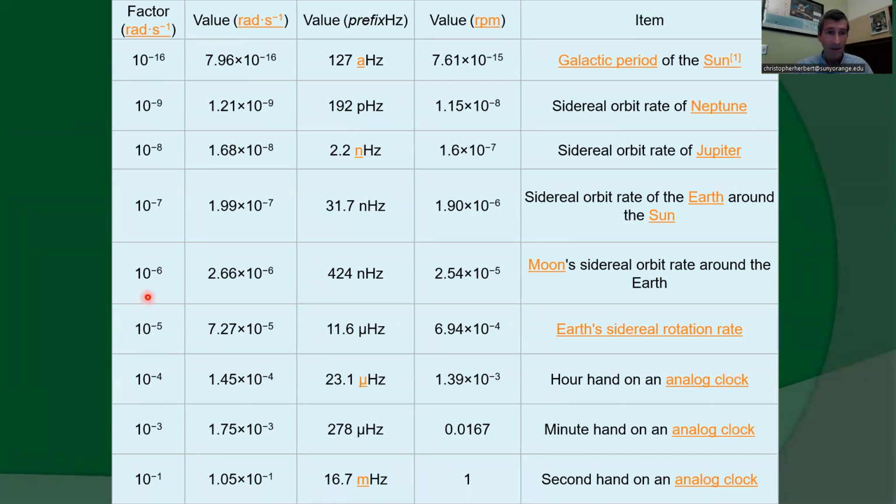The moon around the Earth, 10 to the negative 6 radians per second. The minute hand on an analog clock, a milliradian per second, and the second hand on an analog clock, basically a 1/10 of a radian per second, because it makes 1 RPM.